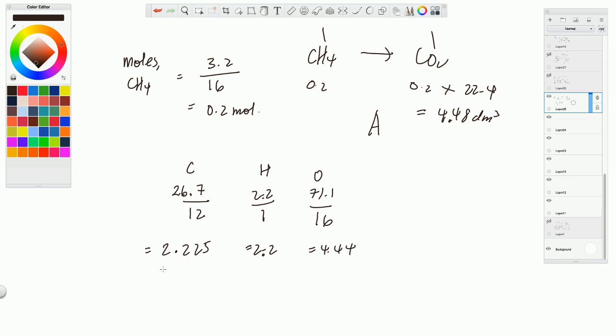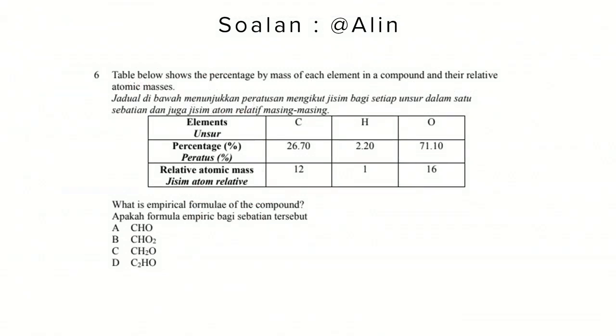Okay, so you divide by the smallest number, 2.2, 2.2, 2.2, so you get 1, 1, 2. So the answer is, oh, this time is B. Okay, C, H, O2. Okay, B.